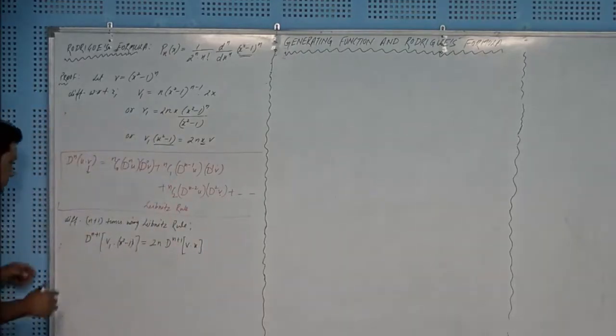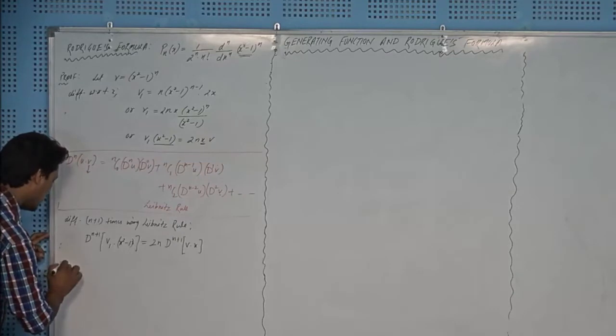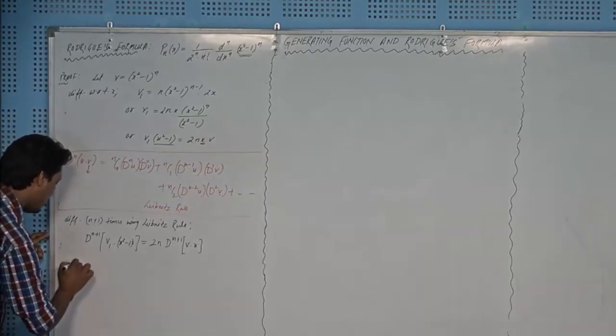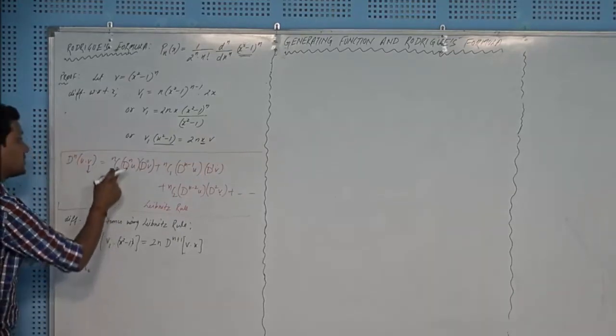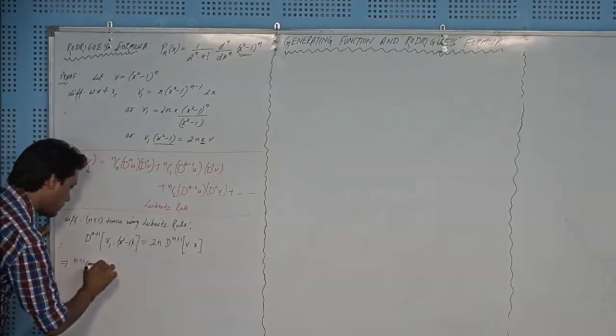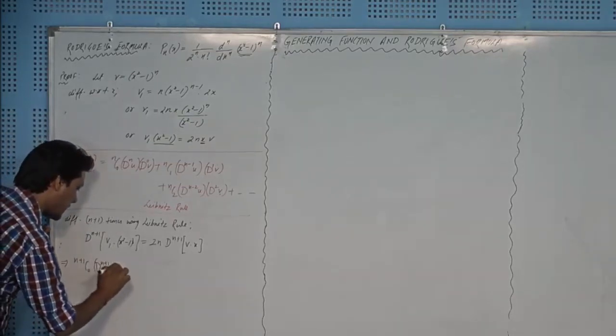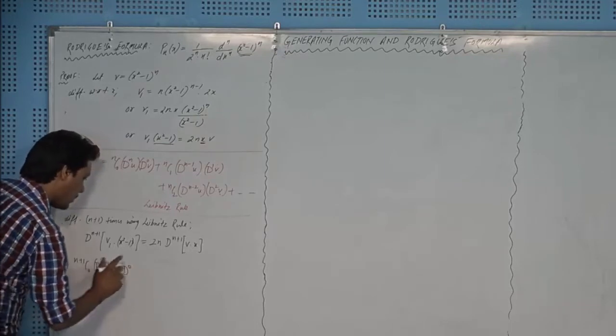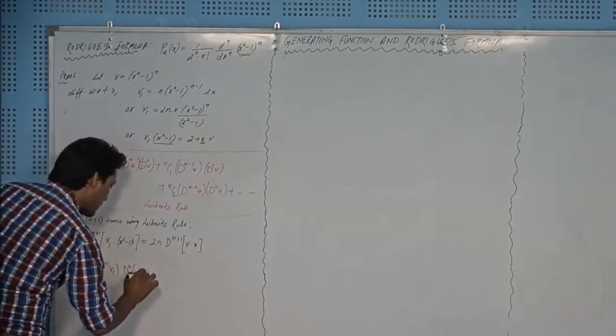Now (n+1)C0, you can see this formula, (n+1)C0, D this minus this, that will be D^(n+1) of v1, and D0 of x square minus 1.